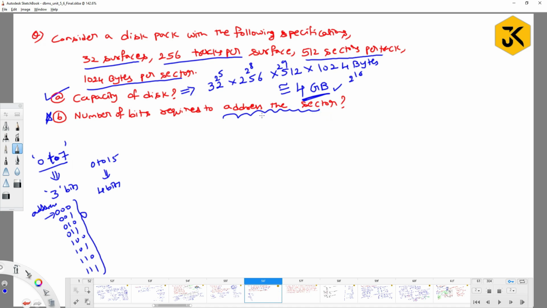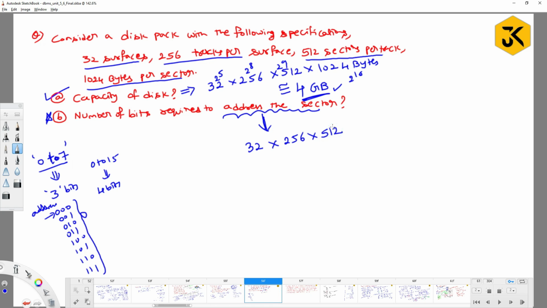So for that, can you find out the number of sectors first? Number of sectors: 32 surfaces, 256 tracks, 512 sectors.